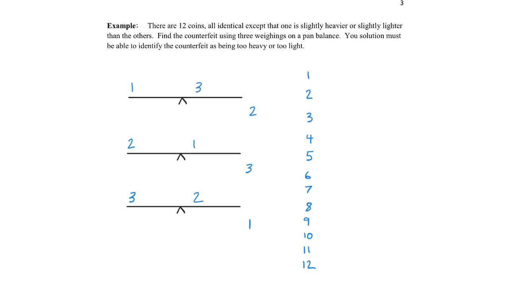So let's label how the scale responds if coin 1 is the bad coin because it's too heavy. It would go to the left, the right, and then it would balance. For coin 2, it would balance and go to the left and then to the right. For coin 3, it would go to the right, and then it would balance, and then it would go to the left.